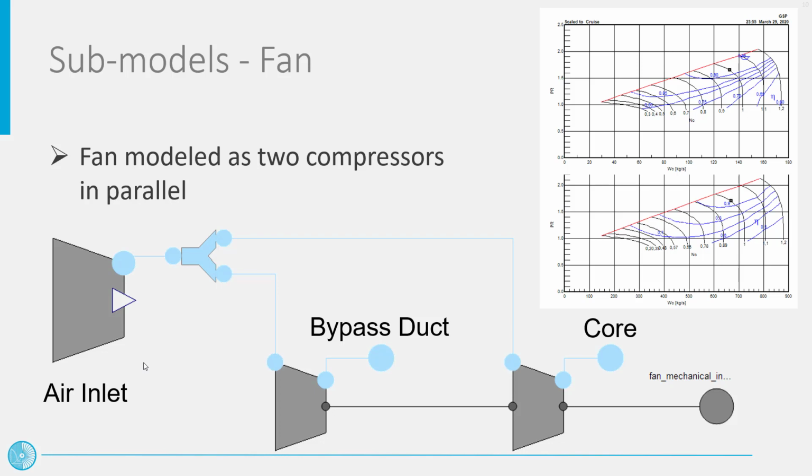In the schematic of the fan reported in the slide, you can also notice a splitter downstream of the air inlet. Keep in mind that this component is not strictly needed in Modelica, thanks to the features of connector variables. The inlet of the two compressors can be directly connected to the outlet of the component air intake. Automatically, the Modelica solver considers a mass balance and energy balance for this kind of connection.